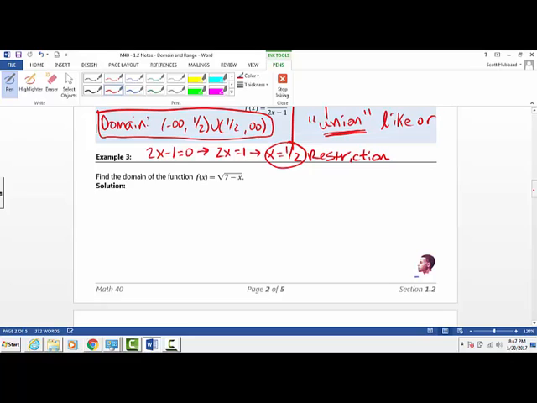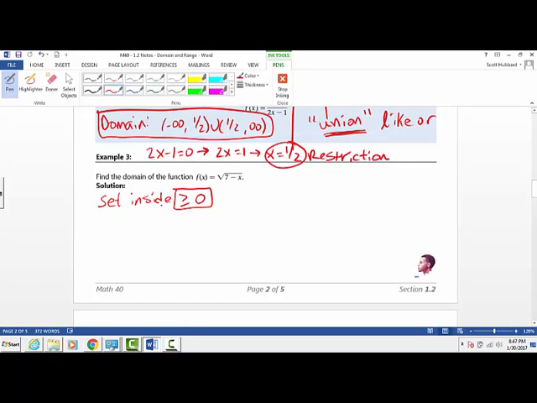Let's go ahead and find the domain here. So for this problem, we have a square root. Now square roots, remember, can't be negative. So anytime you have a square root, you set the inside bigger than or equal to 0. And I want to stress this. You always do this for a radical, for a square root.